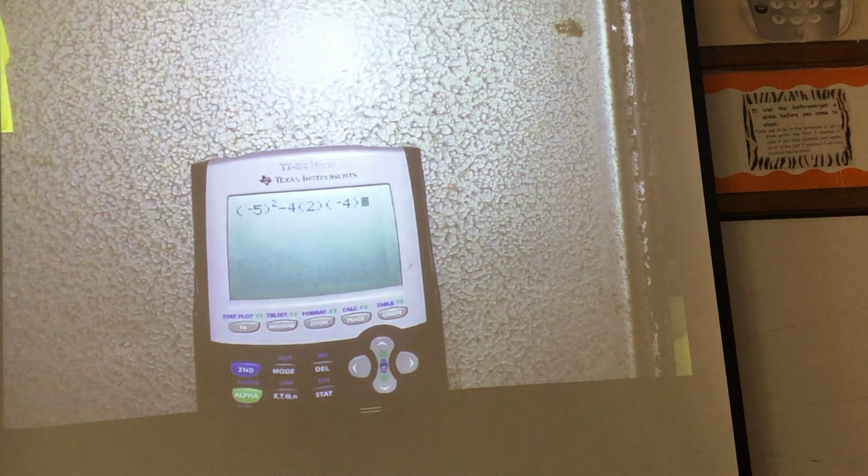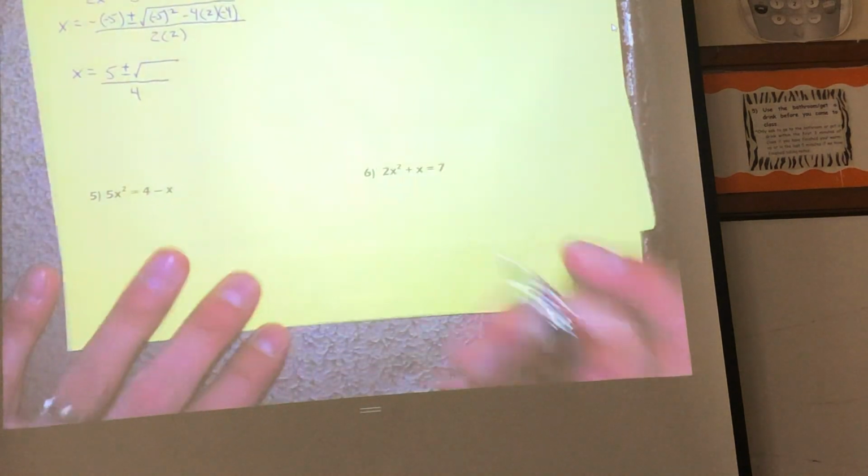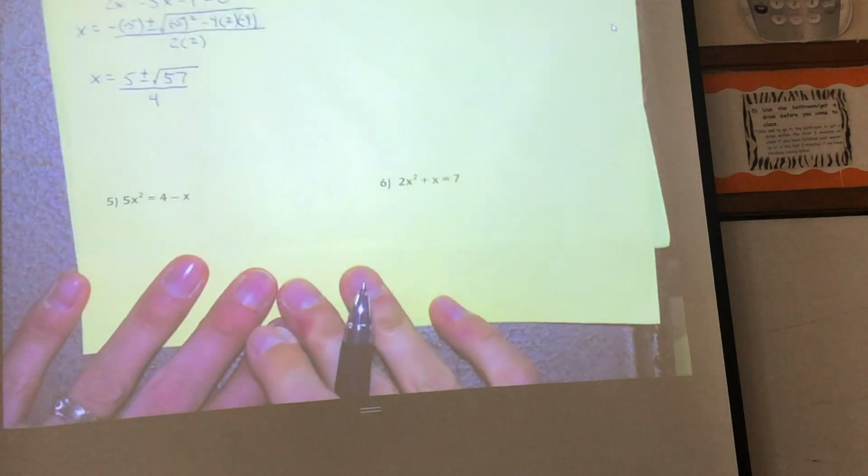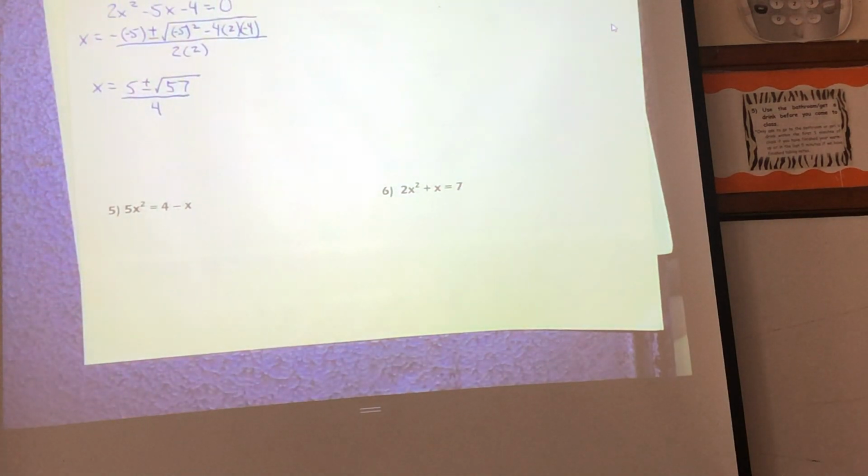Just like that. And we should get 57. Now 57 is not a perfect square. It has no perfect square factors.